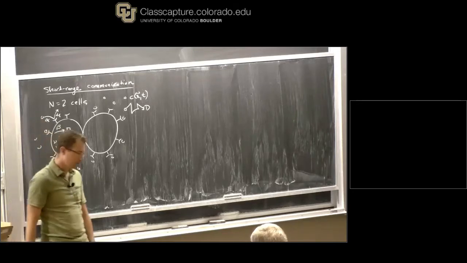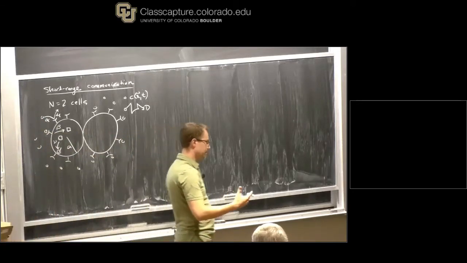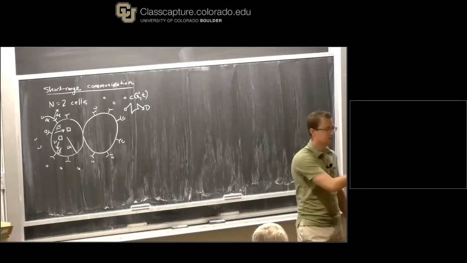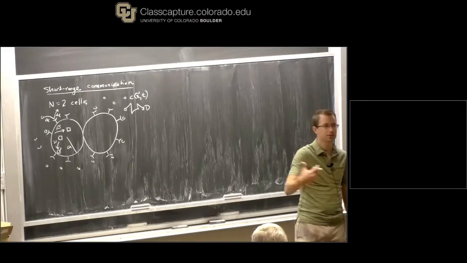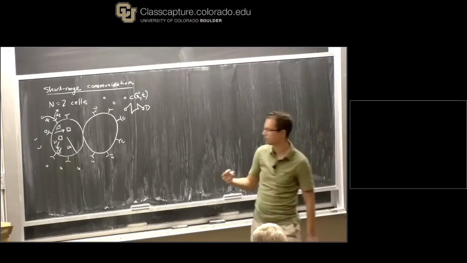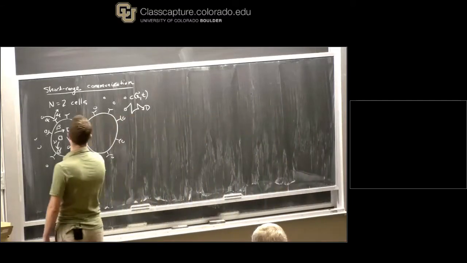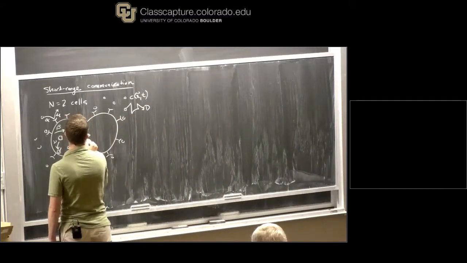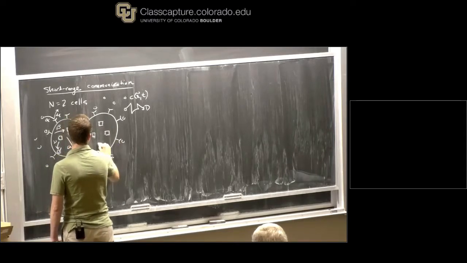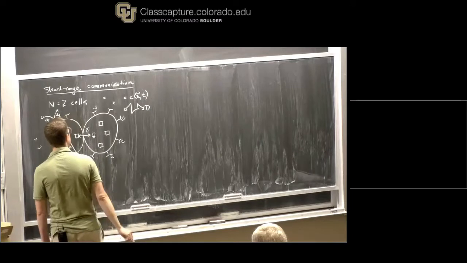And that internal molecule is indeed the internal readout of the external sensed signal, and it's also the thing that's going to be communicated. Okay? Which means I need to allow it to be exchanged between these two cells. And the exchange rate I'm going to call gamma.